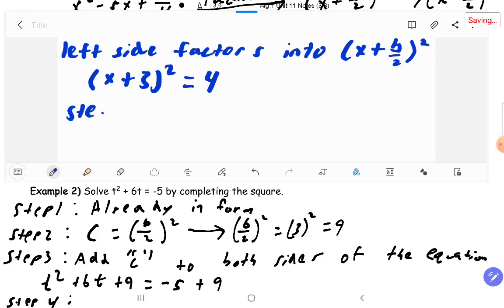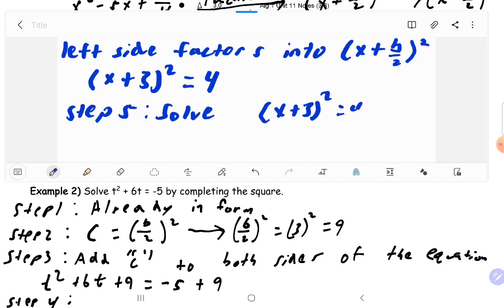And then step 5. Solve for x. So we have x plus 3 quantity squared equals 4. Let me rewrite that. And we're going to get rid of the squared. We're going to take the square root of both sides.